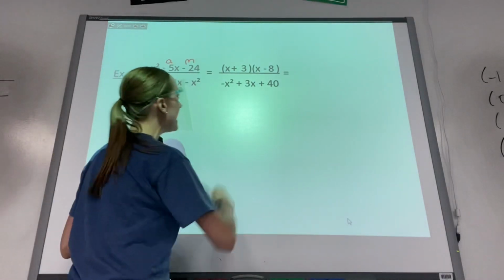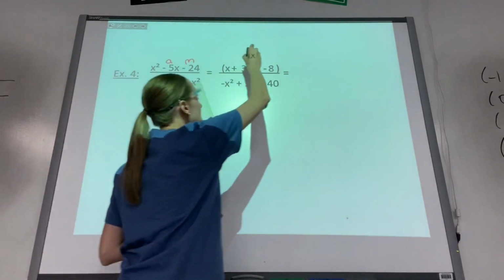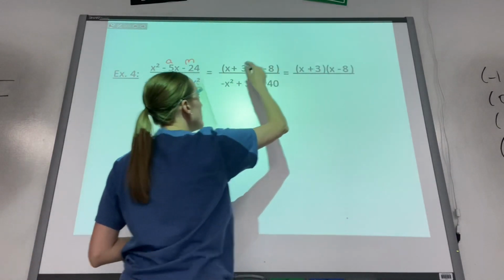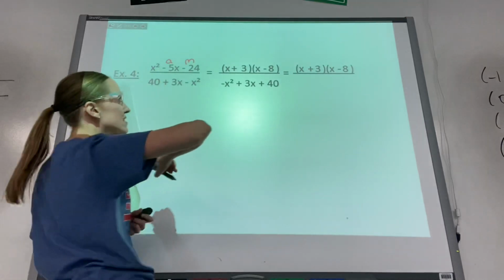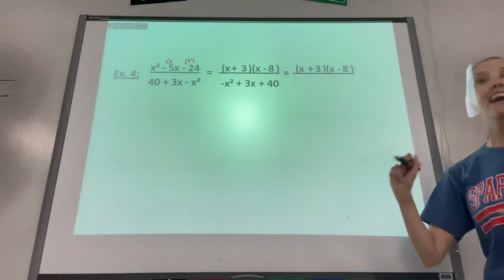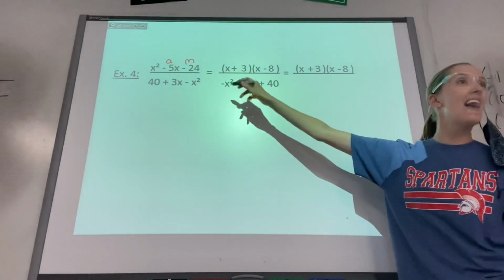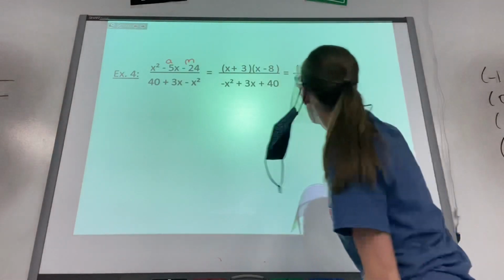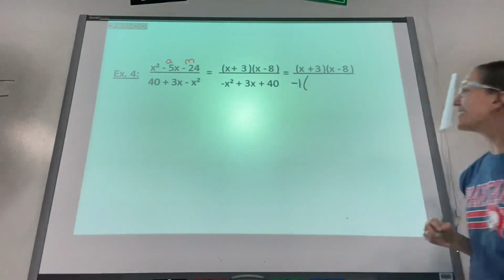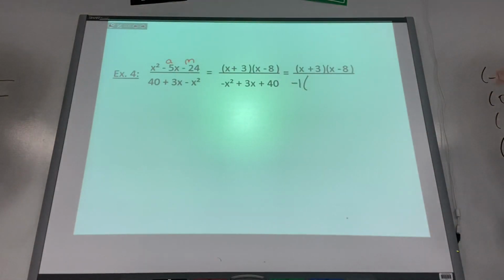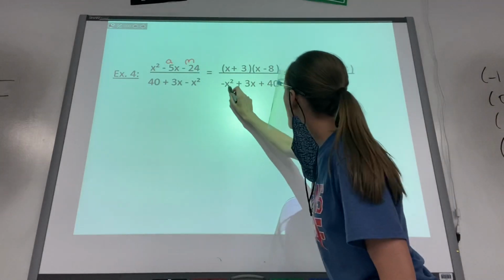I don't really like to do it that way, so I'm going to leave the top part the way it is for a minute. And instead of trying to factor with a negative x squared, another option is to basically factor out a negative. And let's think about that for a minute.